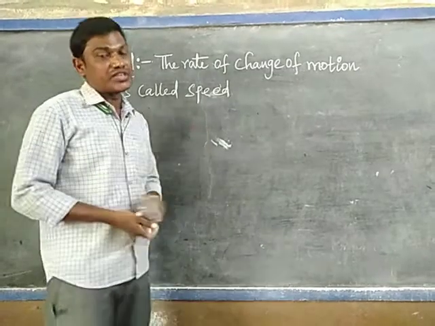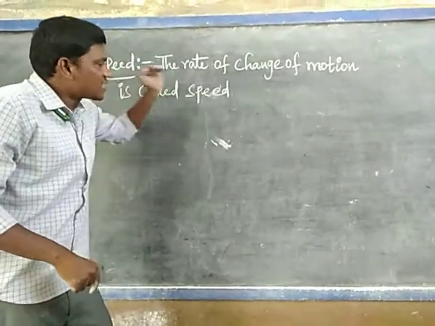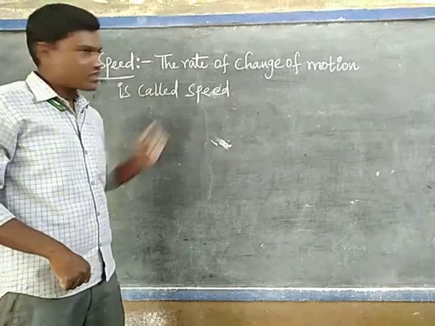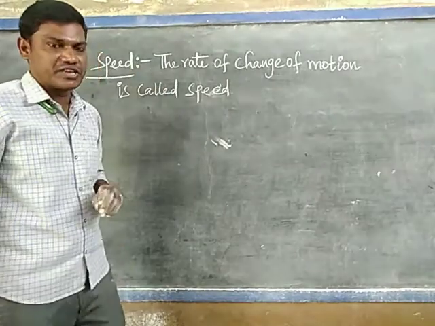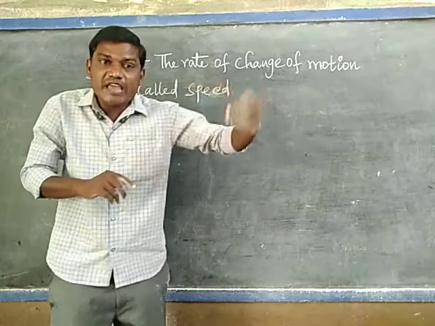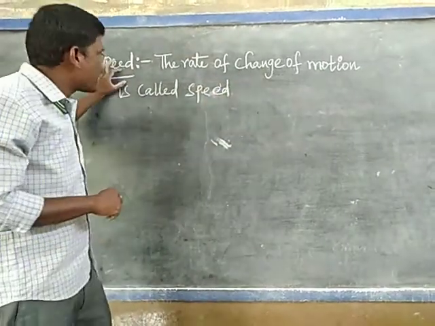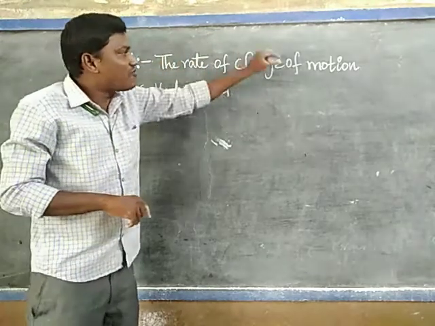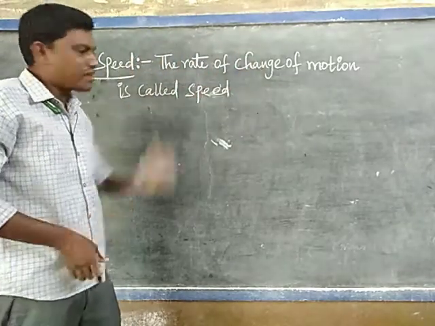Another definition: the distance covered by a body in a unit time is also called speed. Listen very carefully. The distance covered by a body per unit time is also called speed. But simply, you can write that the rate of change of motion is called speed.